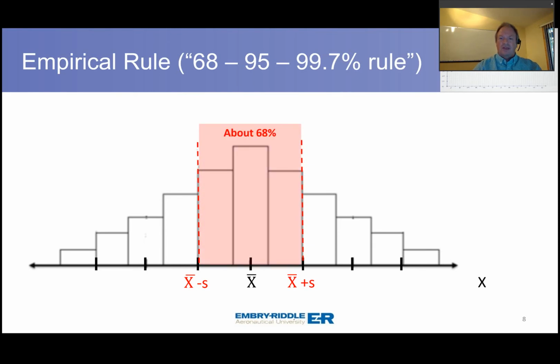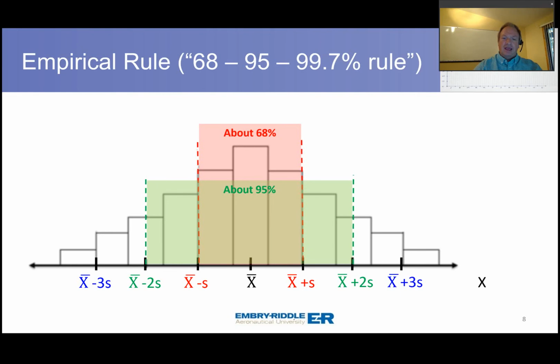that's going to be roughly 68% of our data set. So roughly 68% of our data set has values that are within 1 standard deviation of the mean. And now you can kind of guess where the 95% comes from, right? If we look 2 standard deviations from the mean, we're going to find that roughly 95% of the values are in that range.